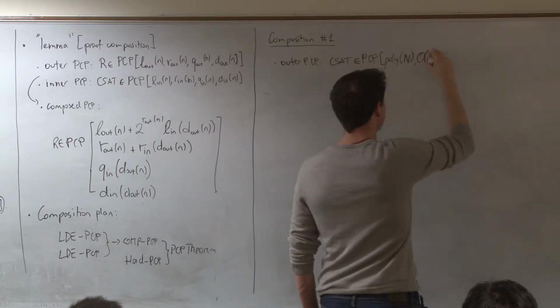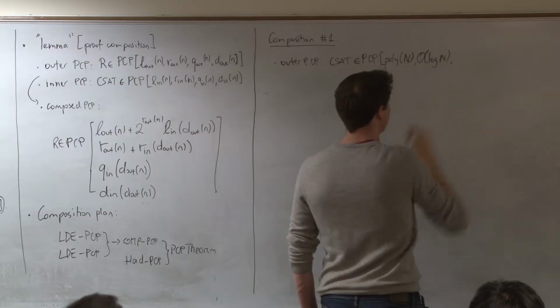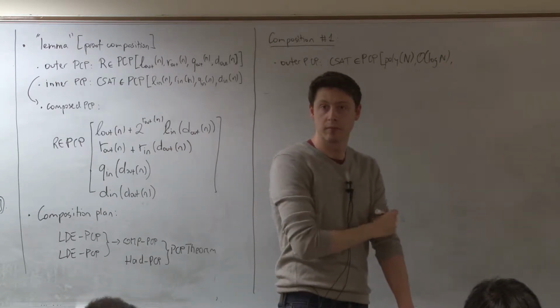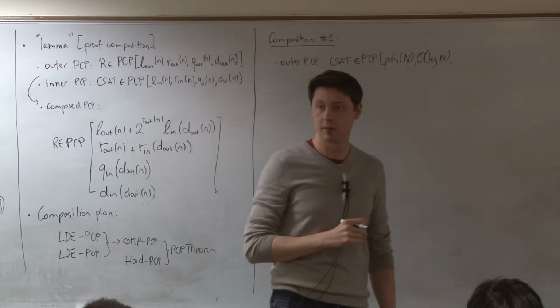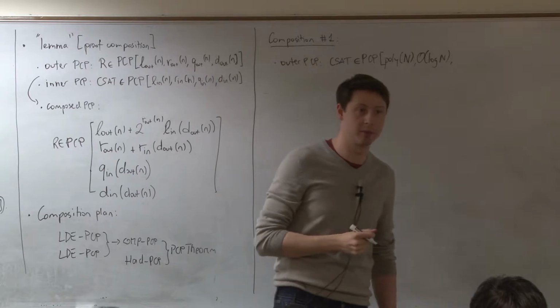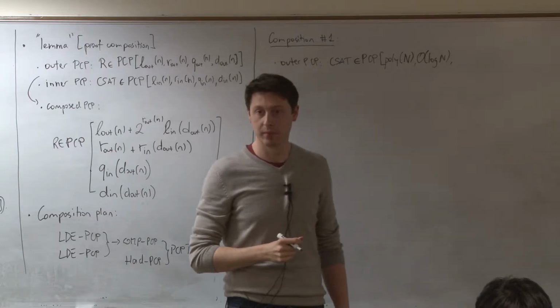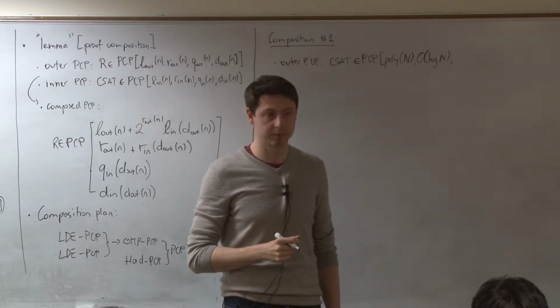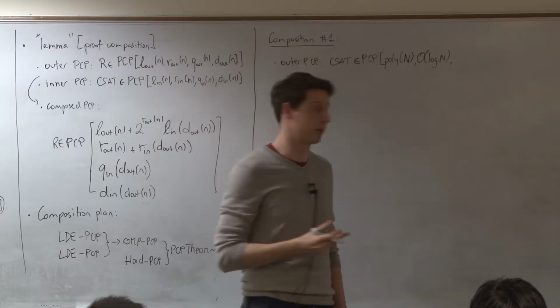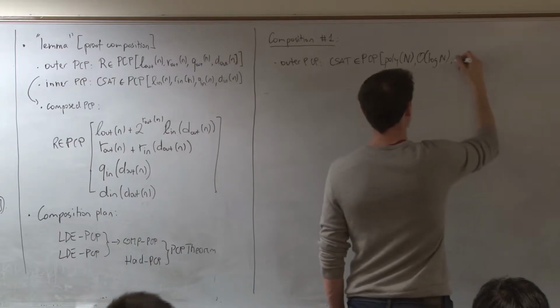So it's going to be order of log N. What is the query complexity? So what was the query complexity of the polynomial size PCP that we constructed? Was it constant? Yeah, it was polylog, right? Definitely not constant, otherwise we wouldn't be doing composition.